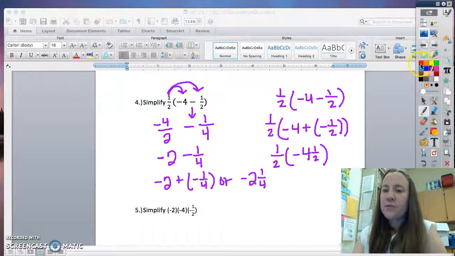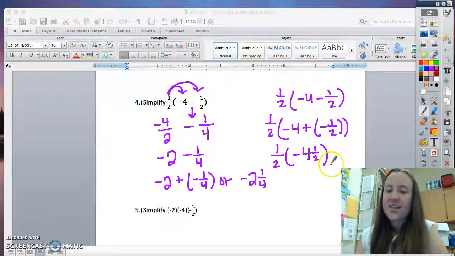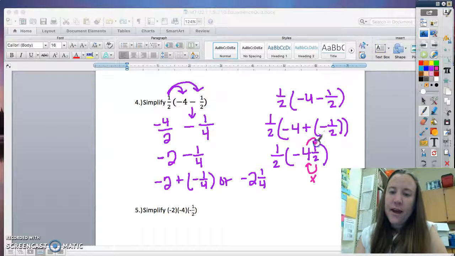And some of you didn't quite do this correctly. If I'm writing out multiplication of fractions, I can't really multiply the way that it's written. So if you remember how to change a mixed number to an improper fraction, I do the denominator times the whole number, and then to it, I add the numerator. My denominator is still going to be 2 here, but my numerator will be, so 2 times 4 is 8, plus 1 is 9.